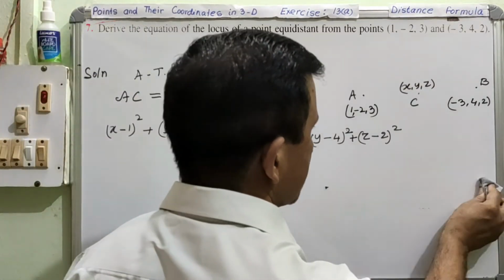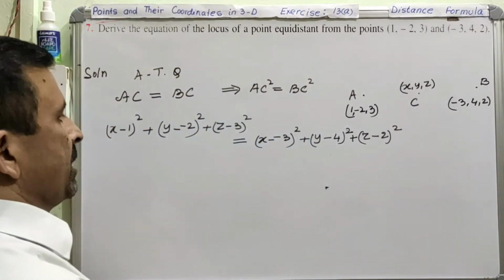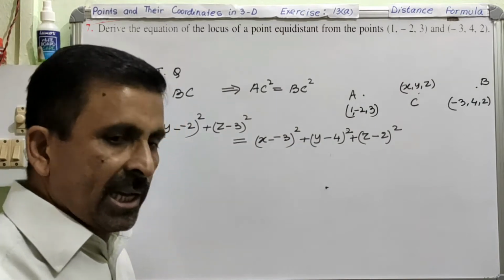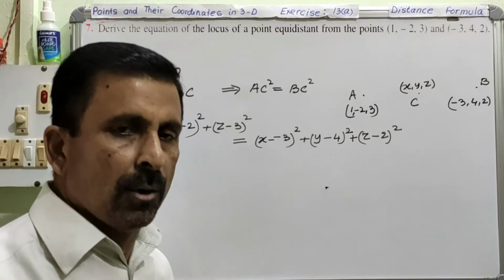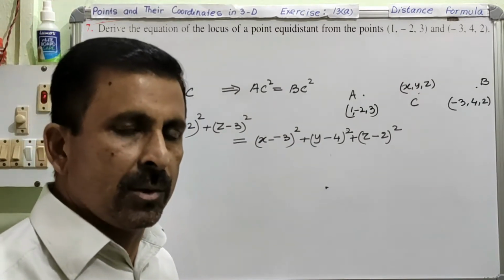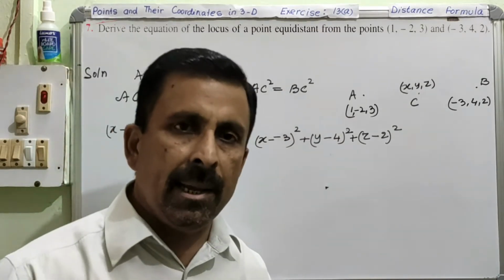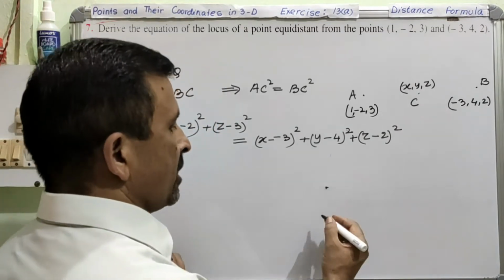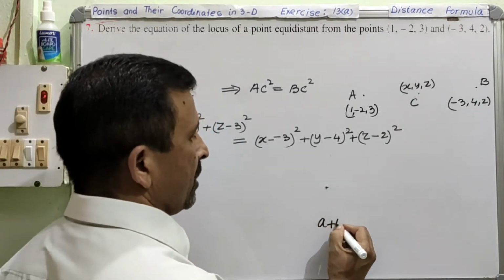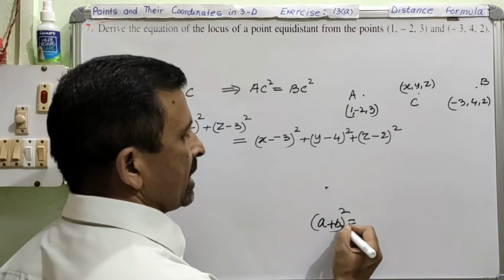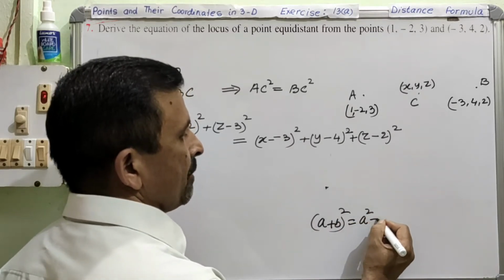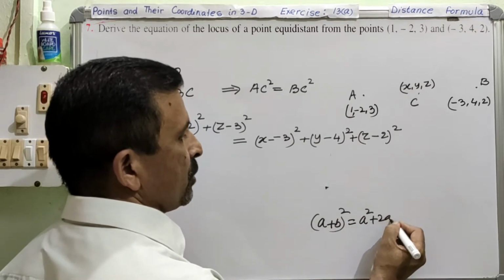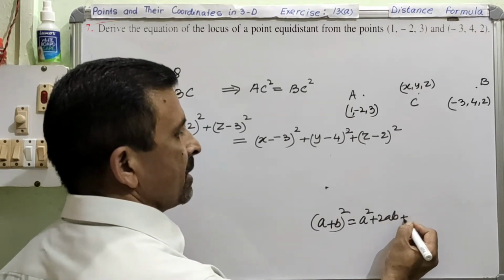Let us erase this. Now we will simplify. To simplify this part, you need to know the expansion of a plus b whole square or a minus b whole square. You know that a plus b whole square and a minus b whole square are perfect squares, isn't it? If it is a plus b whole square, then we write this as a square plus 2 into a into b, 2 into first term into second term, plus b square.